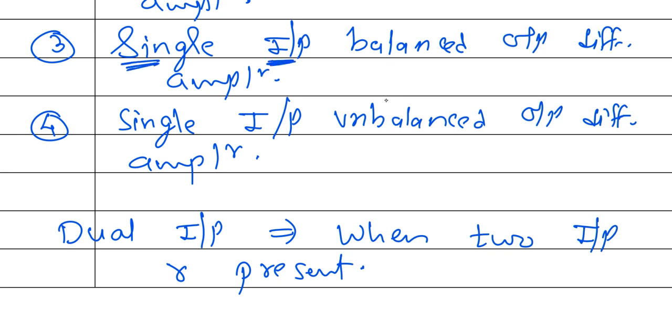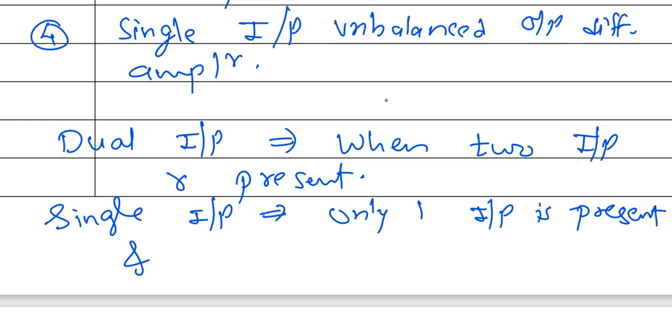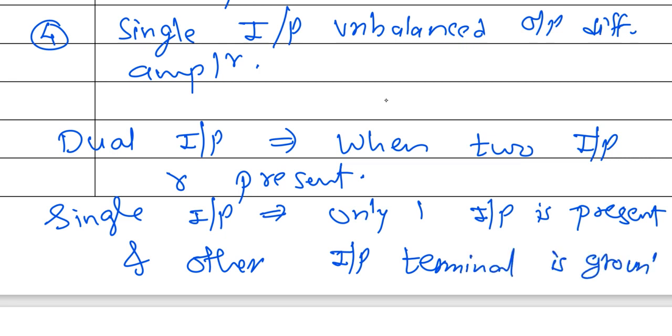When only one of the input signals is present and the other input is grounded. Single input means only one input is present and the other input terminal is grounded.